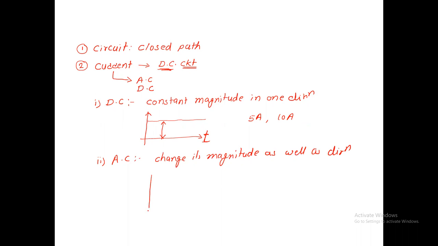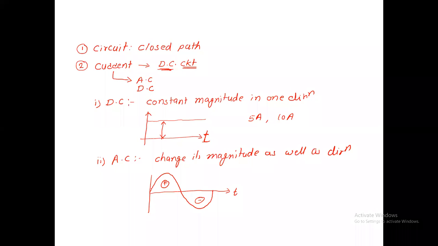When I want to represent this alternating current through a graph or waveform, I can draw the alternating current with a sine waveform. Have you observed it anywhere? Get my point? If you observe this sine waveform, it has two half cycles, one is a positive half cycle, another one is a negative half cycle.